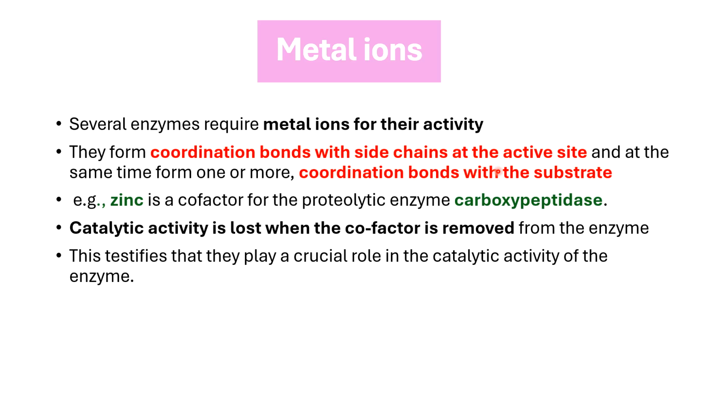Also, while the substrate attaches itself to the active site, these metal ions form a coordinate bond with the substrate as well. An example of such a cofactor is zinc in carboxypeptidase as well as carbonic anhydrase, right? When you remove these metal ions, the activity of the enzyme is lost. That shows that these cofactors play a very important role in enzymatic activity.